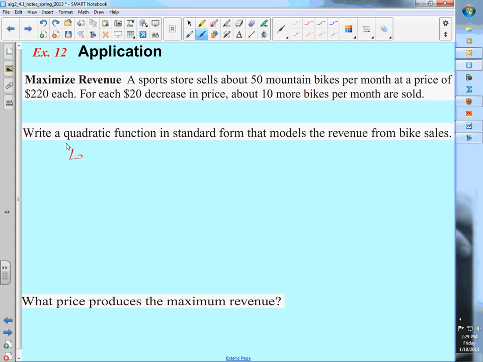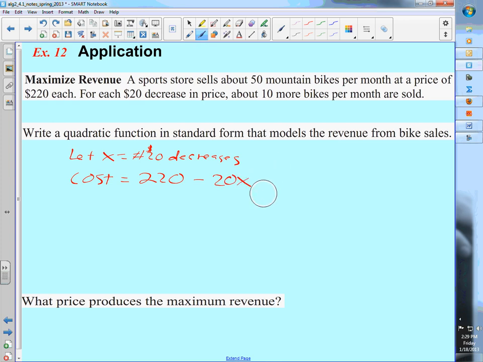So what we want to do is let x equal the number of $20 decreases that we do. So the cost of a bike is going to equal how much? 220 minus, not x, x times 20, or 20x.